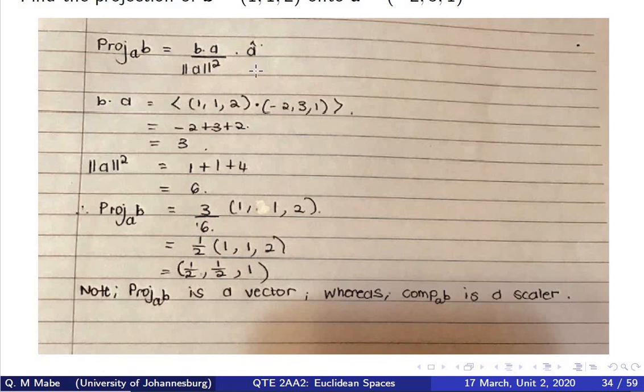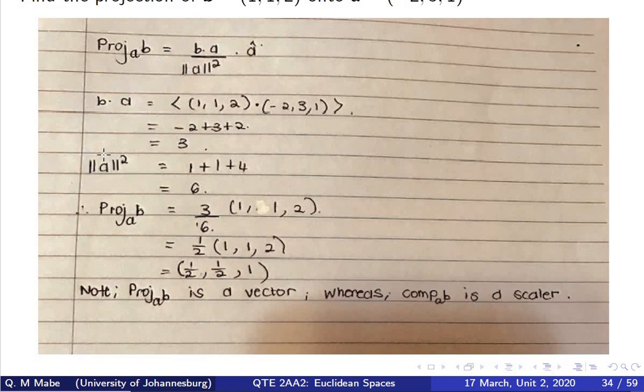So I first need to start with the dot product. B dot A is (1, 1, 2) dot (-2, 3, 1), so 1 times -2 is -2, -2 plus 3 plus 2, so the dot product is 3.